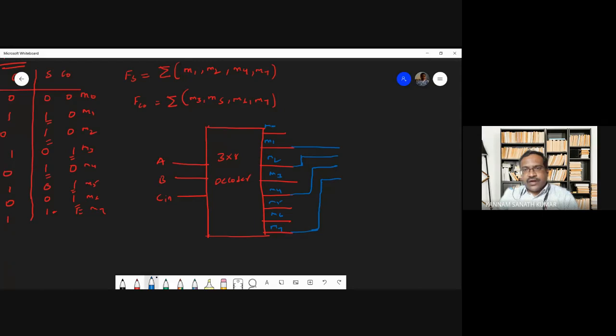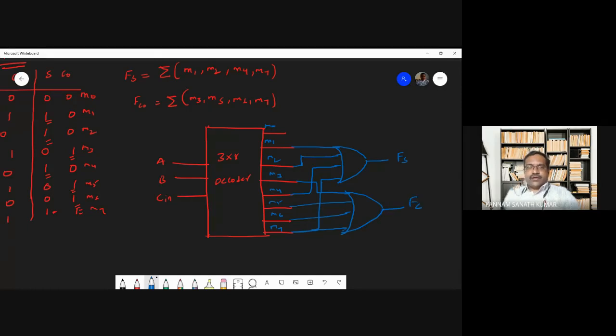These minterms are connected to an OR gate, a sum of product terms, so you get the Fs expression for the sum. For the carry, you take M3, M5, M6 and M7, connect them all to an OR gate, and you get carry FC.